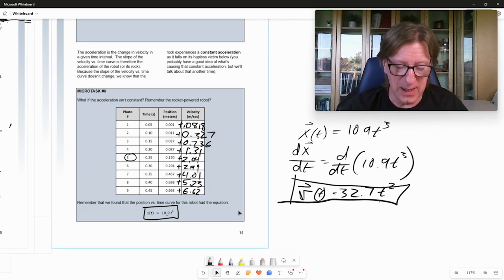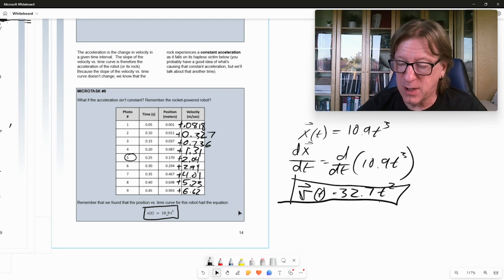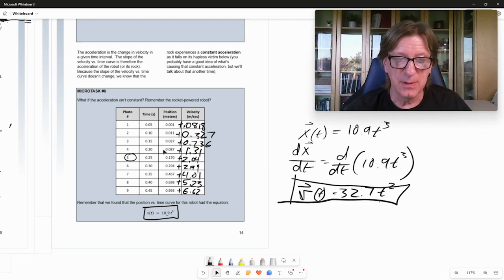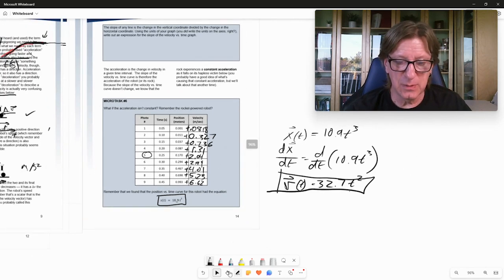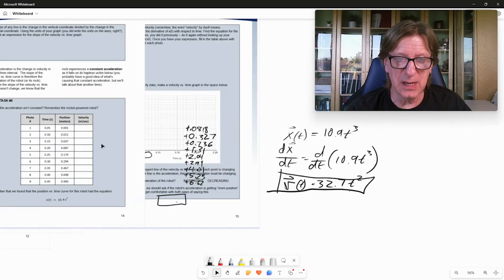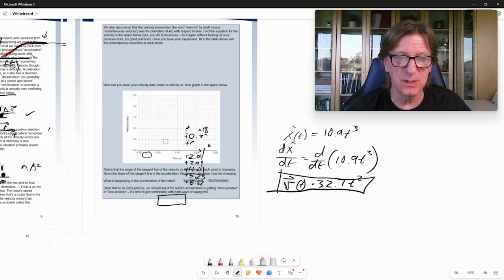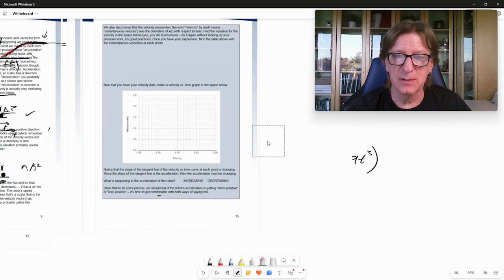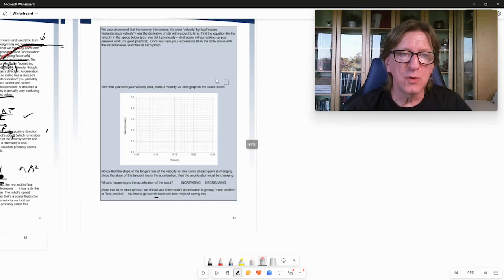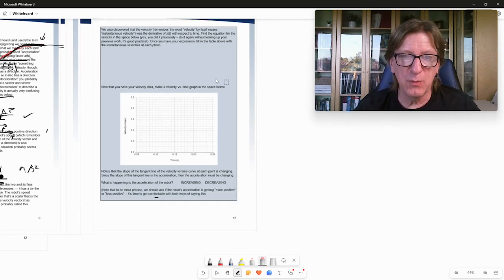All right, now look at the last page. You could take those numbers and actually plot all of them. So let me move this to the side and erase our extra numbers here. I'm going to remind us what our velocity equation was.